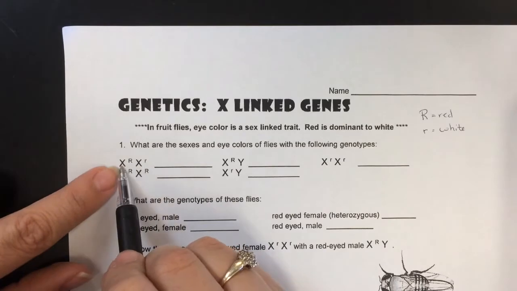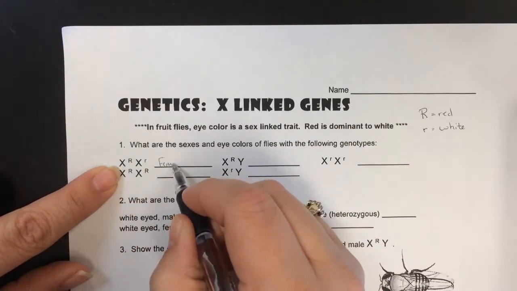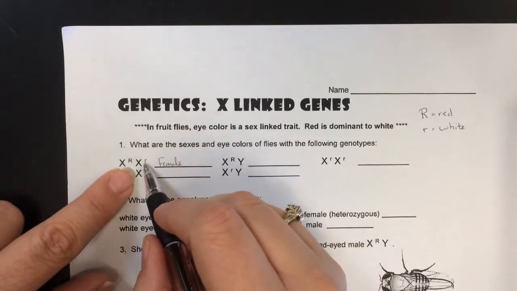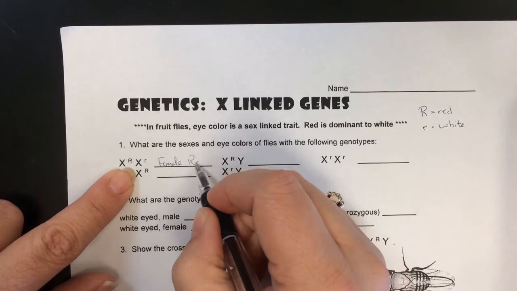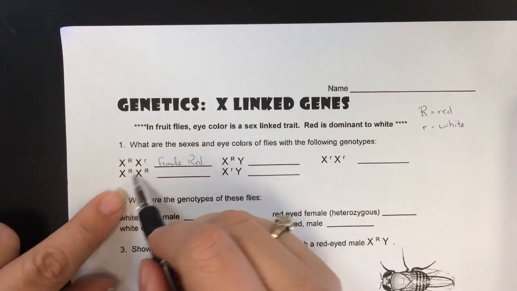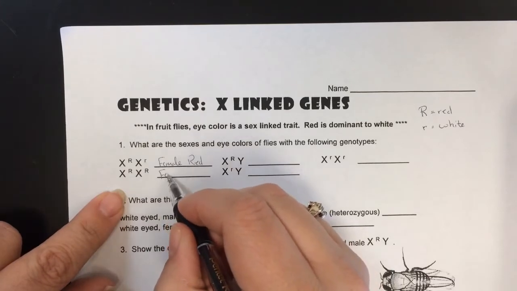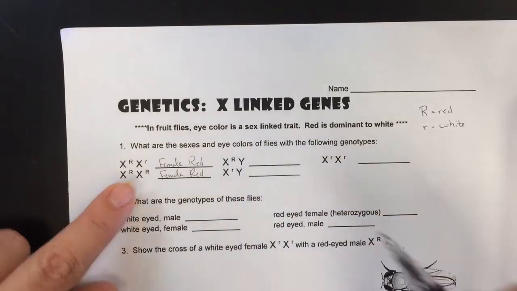And so if we have two X's, that means we have a female. And if it's big, little, since red is dominant to white, that means she has red eyes. This one right here is big R on an XX, so XX means we have female, and big means that her eyes are red.